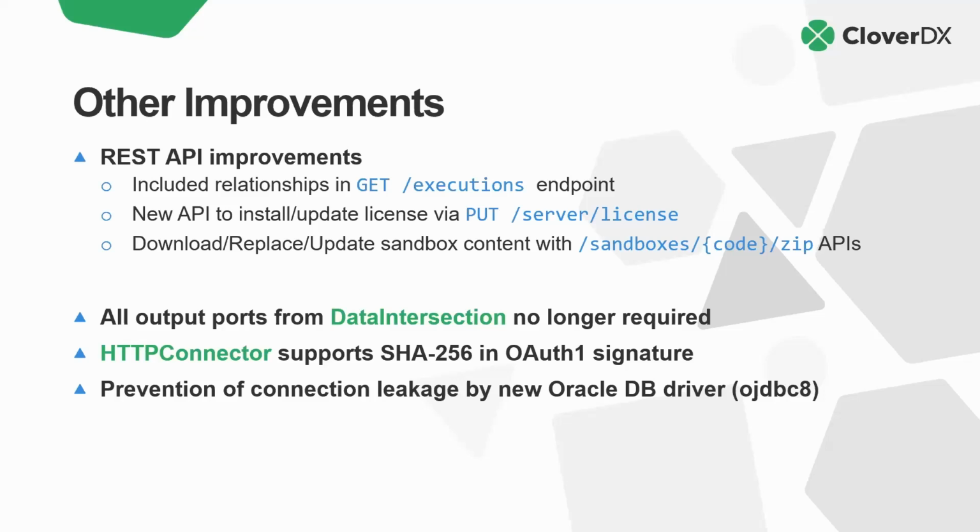That's why we added the SHA256 signature into OAuth1. Also, we identified a connection leakage with the Oracle Database driver, which was introduced in the previous version. So we fixed that, and the update should prevent this leakage from happening.